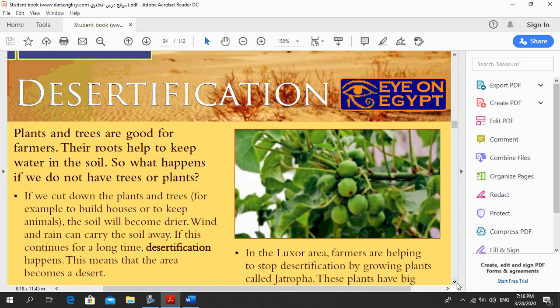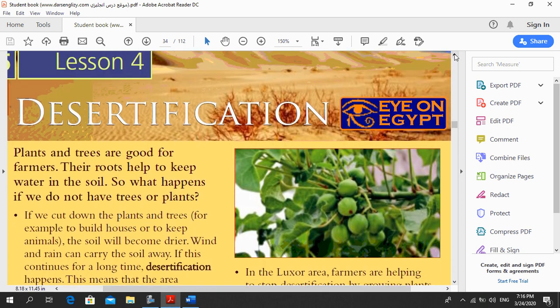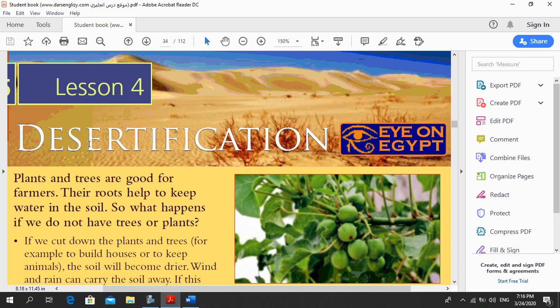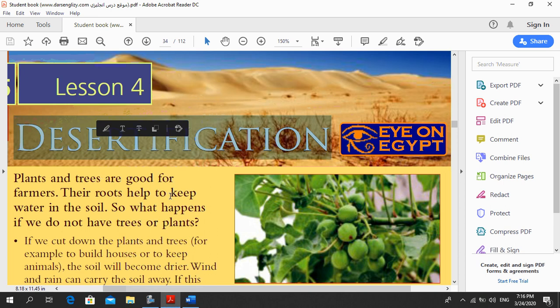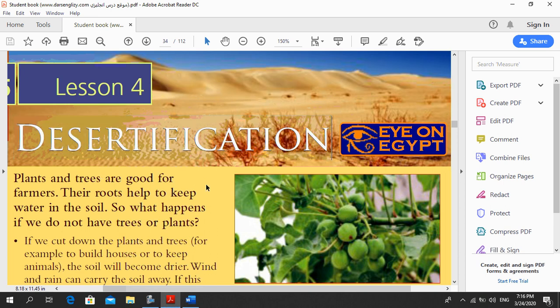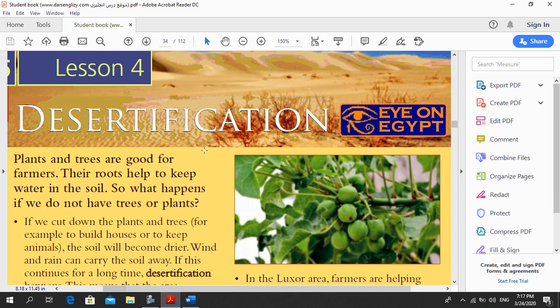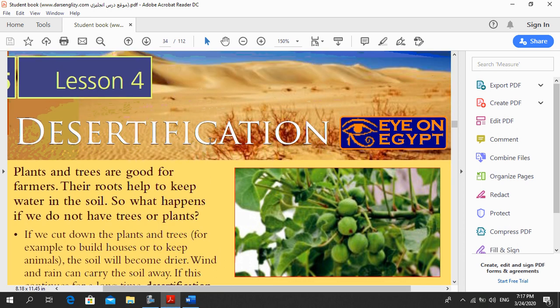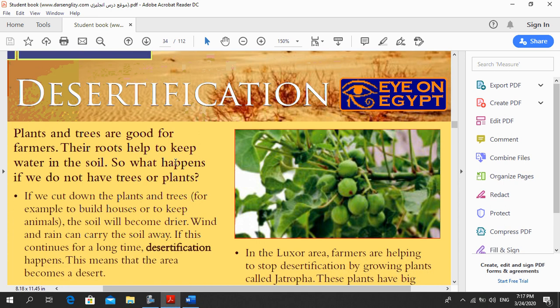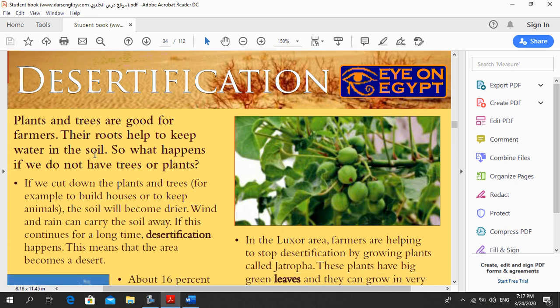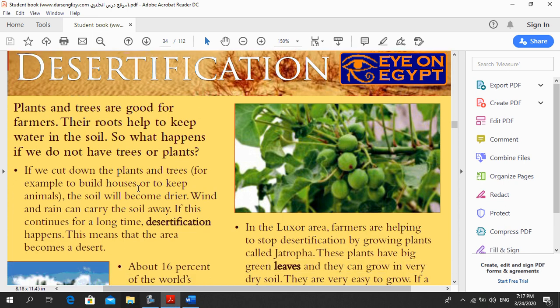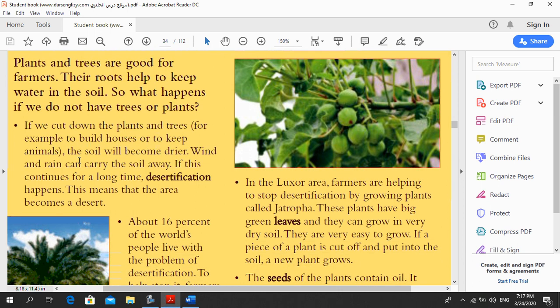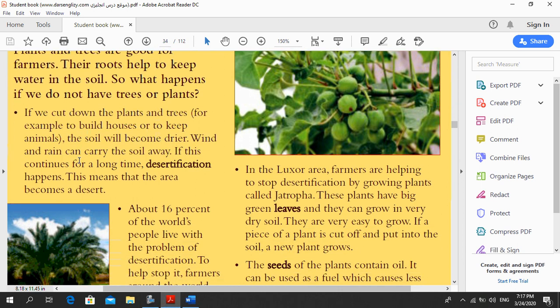Let's go to the review, to lesson 4, which is a very interesting reading text under the title of desertification. What does it mean? It means desertification means when you turn a piece of land, and this piece of land has trees, and you turn it into something like a desert.